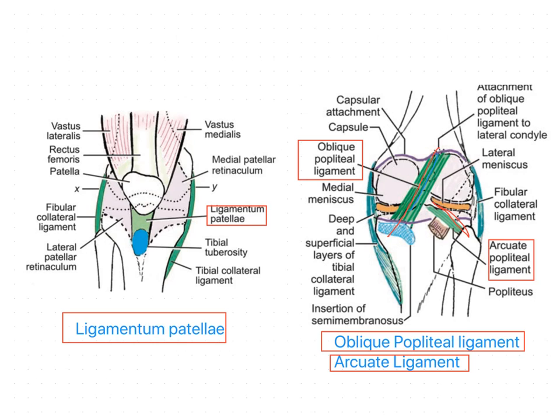So these are the 5 extracapsular ligaments. Now in the next session we are going to discuss all these extracapsular ligaments. Thank you.